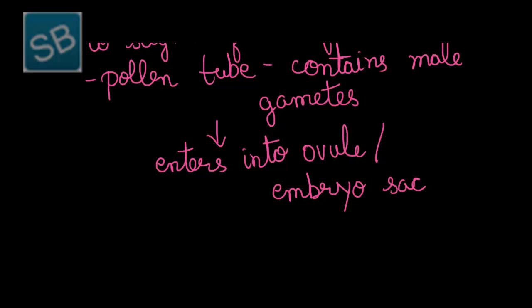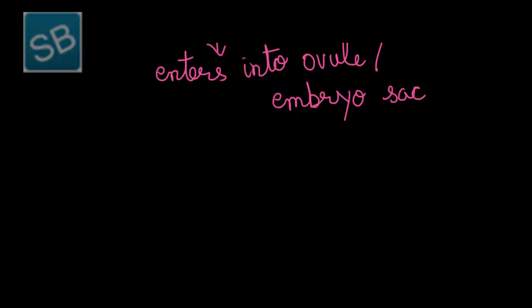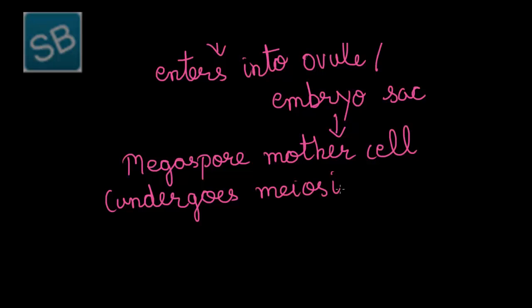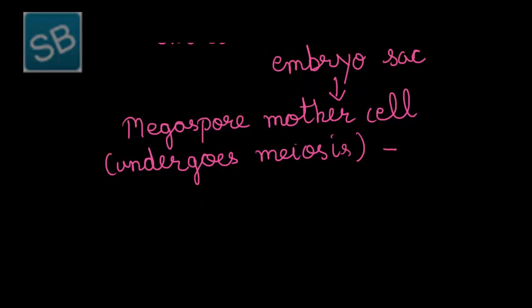Now, as stated earlier, within an embryo sac, there occurs a megaspore mother cell which undergoes meiotic division and forms four haploid megaspores.